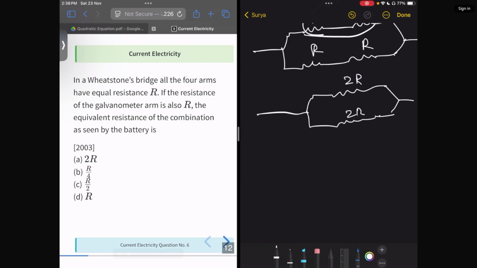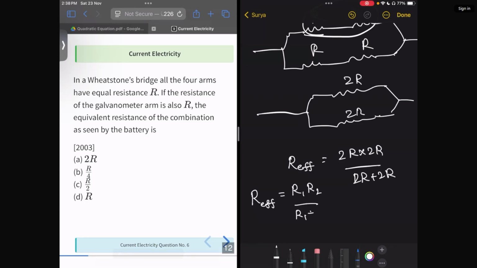If both are in parallel, then R effective will be 2R into 2R by 2R plus 2R. We apply the same formula R1 R2 by R1 plus R2, so it becomes 4R square by 4R, which is R. The Wheatstone bridge is most sensitive when all arms have equal resistance. So option D.